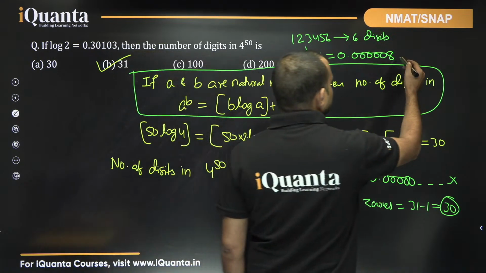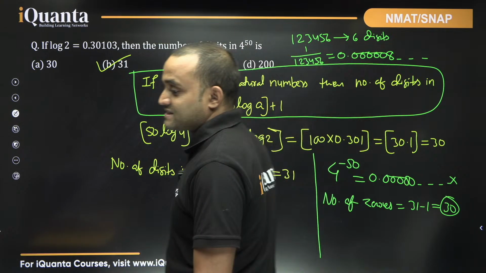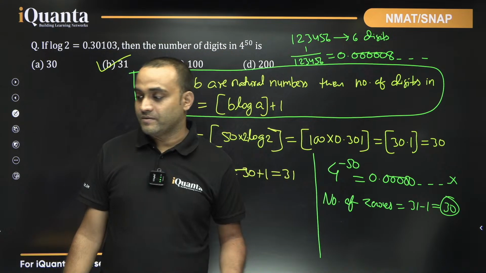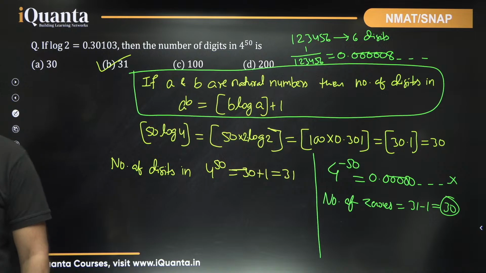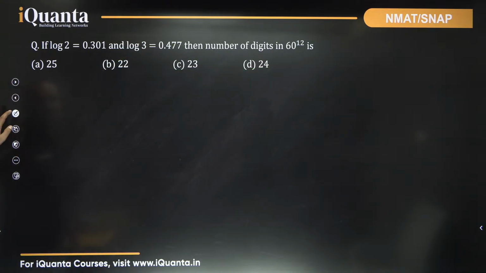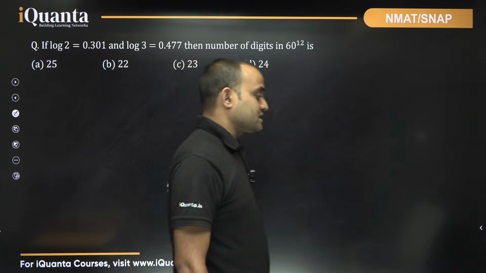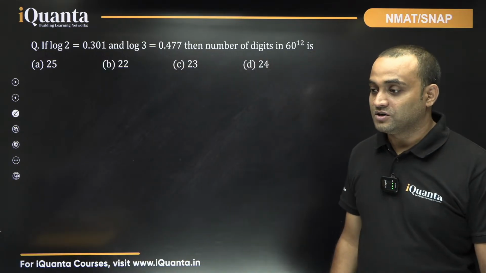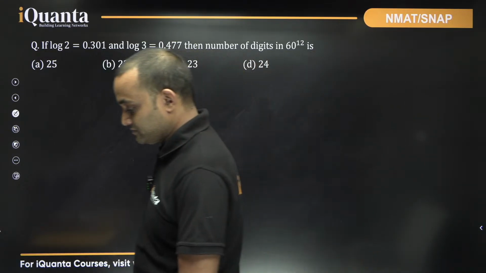All right, so you can see the number of digits is 6, and the number of zeros will be 5. Plus 1 for the number of digits, yes. Now let's try a similar question where you need to find the number of digits in 60 to the power 12. So try this one.